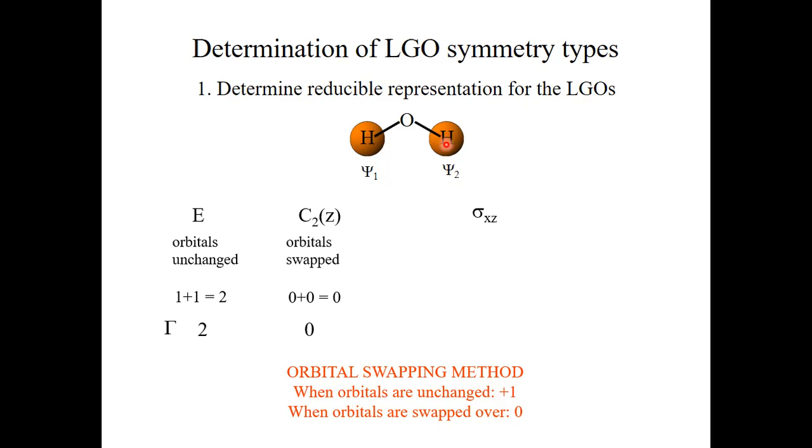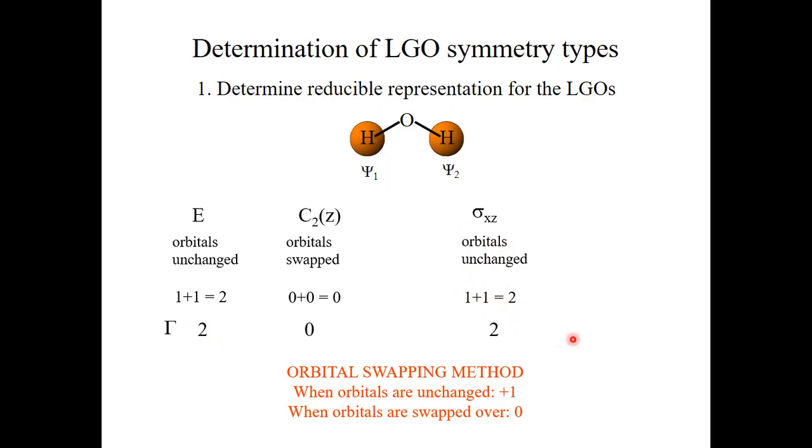You may unmute yourself. No. No. Okay, they remain in their position. That's correct. So the orbitals are being unchanged. And therefore, each orbital gets the character 1, 1 plus 1, that gives 2, and that's now the third character in our reducible representation, gamma.